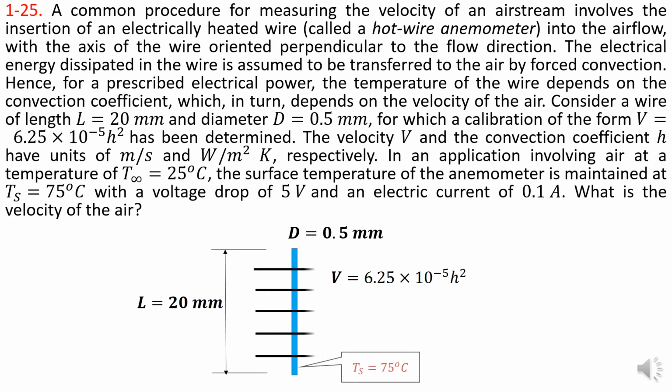The surface of the anemometer is maintained at a temperature of 75 degrees centigrade, and the air flowing over the anemometer is at a temperature of 25 degrees centigrade. If the voltage drop across the anemometer is 5 volt and the current is 0.1 ampere, then we have to find the velocity of the air.